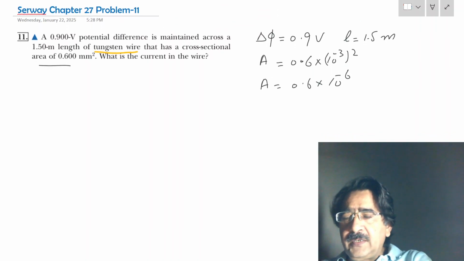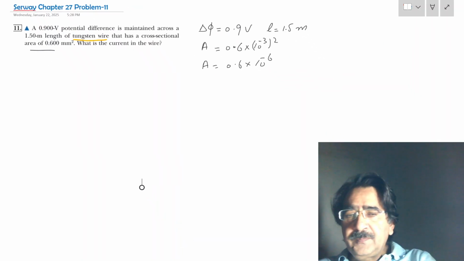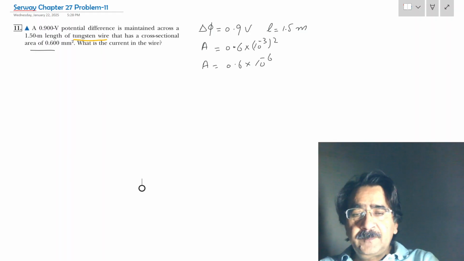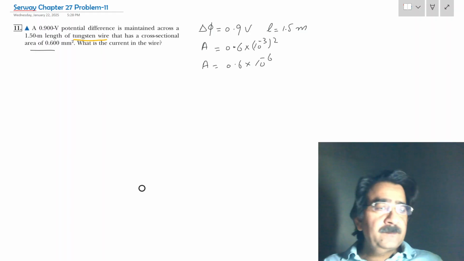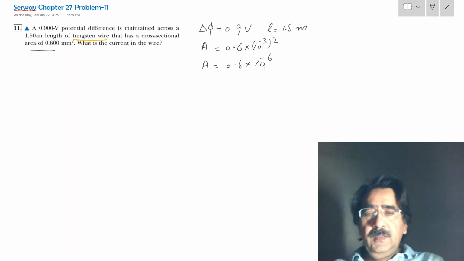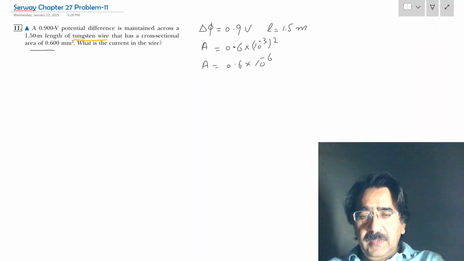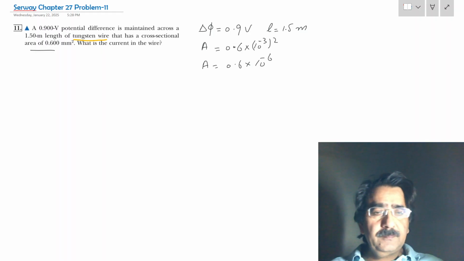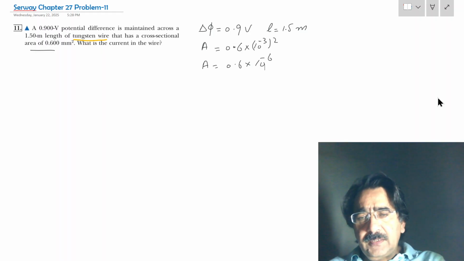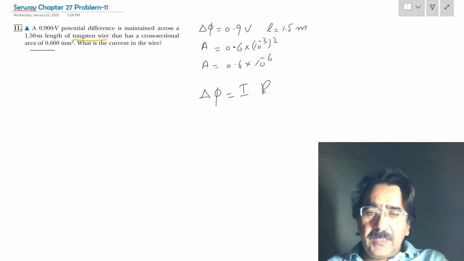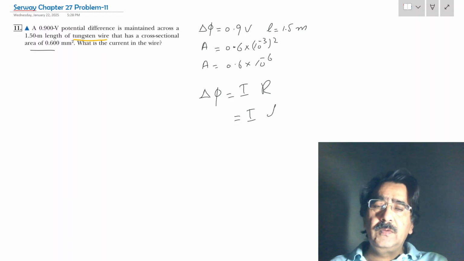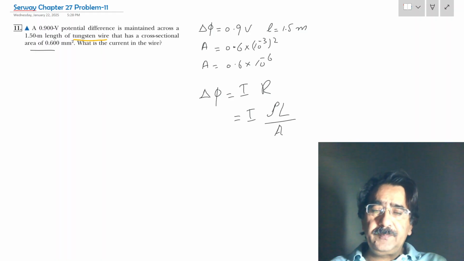As we know that delta phi is always equal to IR, and we know that R is always equal to rho L over A.